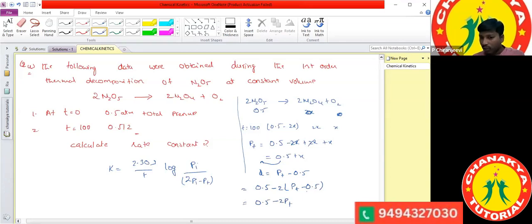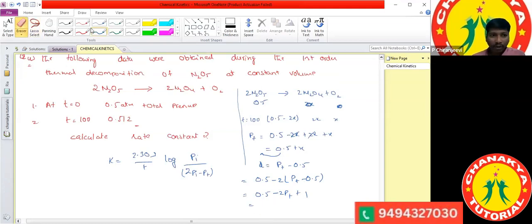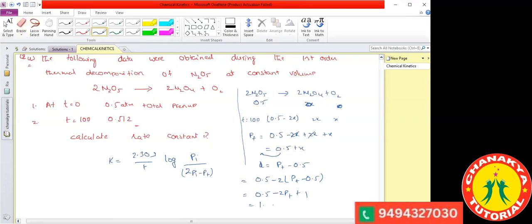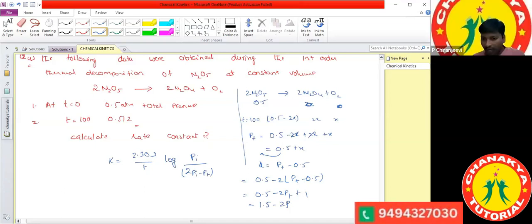Minus into minus becomes plus, and 0.5 into 2 you will get as 1 only, na. Hence you will get 1.5. So 0.5 plus 1 is 1.5, minus 2 Pt. So this is the final value.